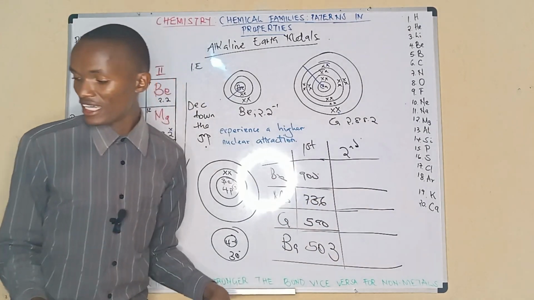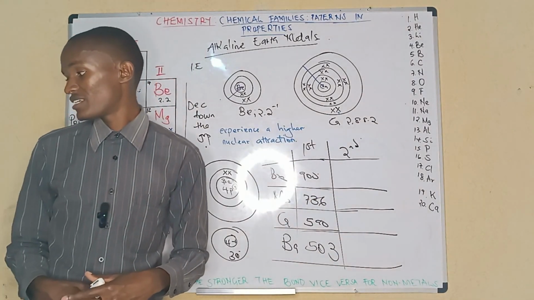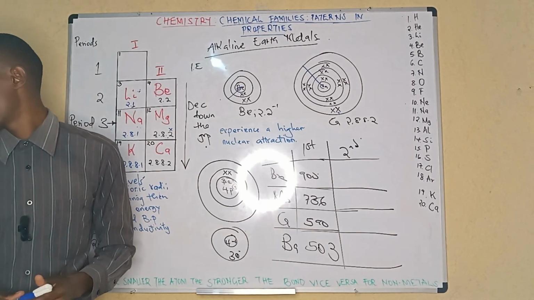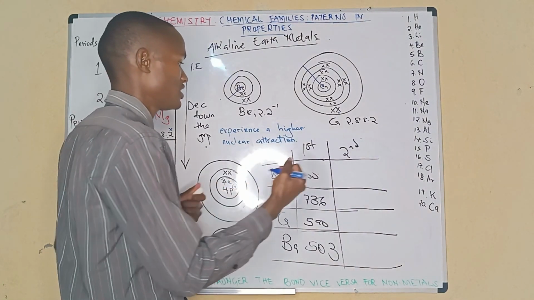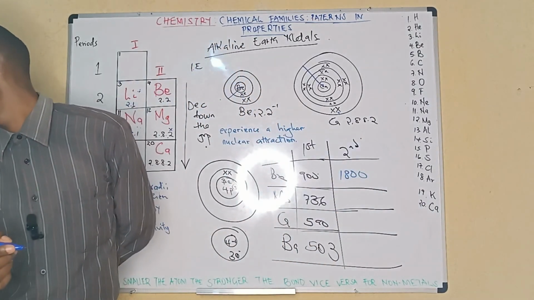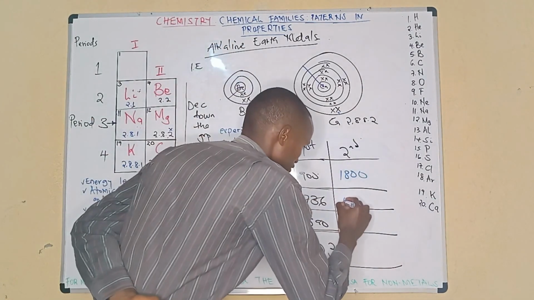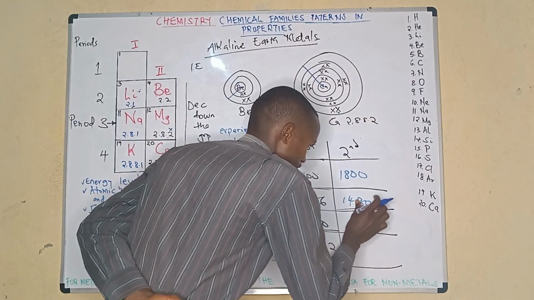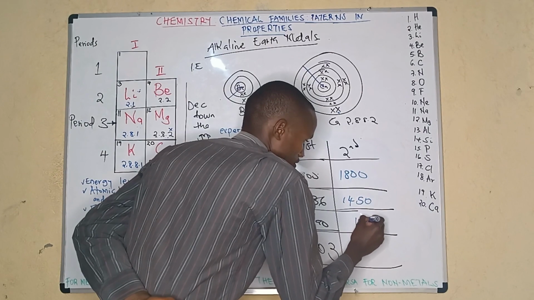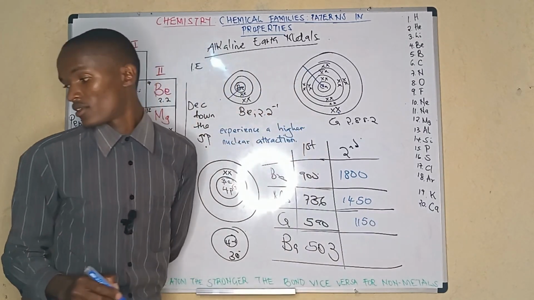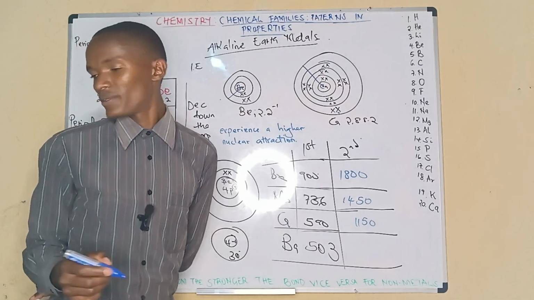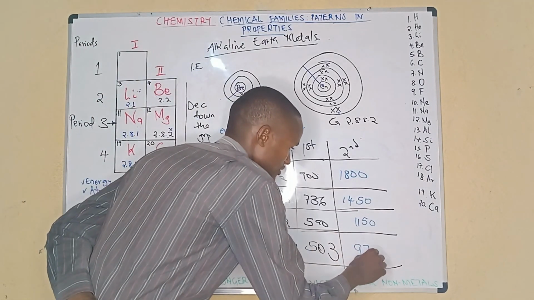Let's paste the values here, and here they are. The second ionization energy for beryllium is none other than double this one, which is 1800. Then 1450, 1150. And then for barium it is 970.